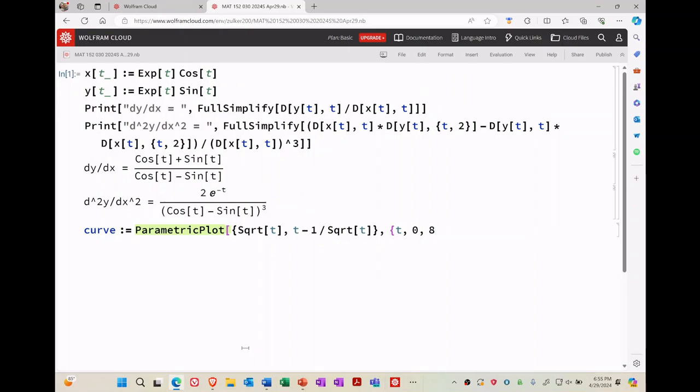Let's see how that looks. Oh, we can't use 0. Actually, I probably can. I don't know if it's going to give me an error. Probably will give me an error. We'll see.